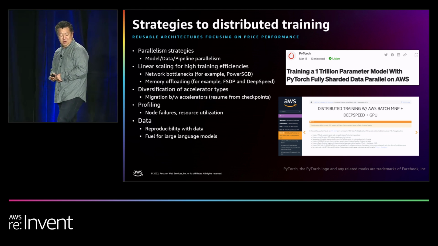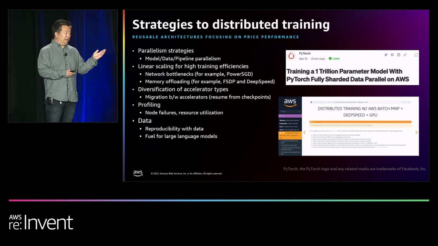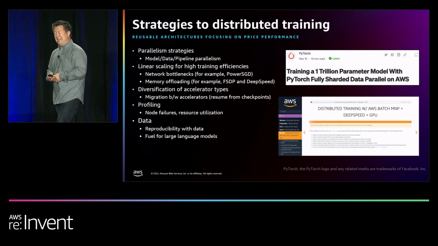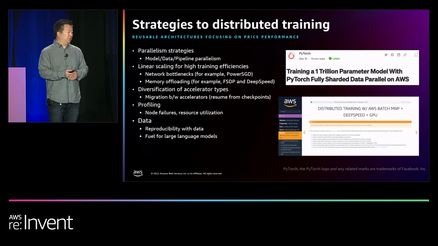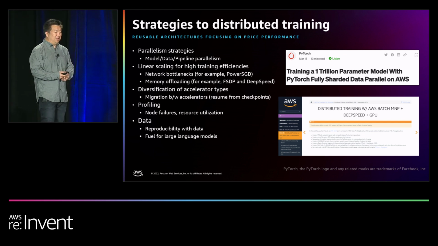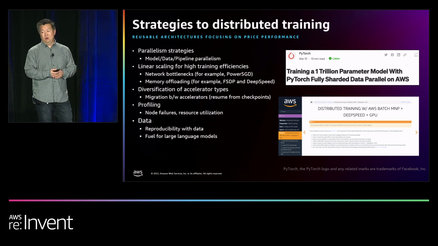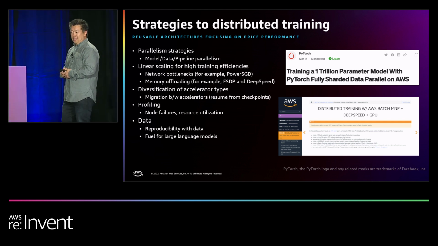To give you an example, when working with one of our customers, in such a training scenario, we were able to leverage PowerSGD to use gradient compression to optimize and have a 10-fold increase in training performance. In addition, other things that you might want to look for or leverage if you're using things like DeepSpeed are 1-bit Adam and 1-bit LAMB.